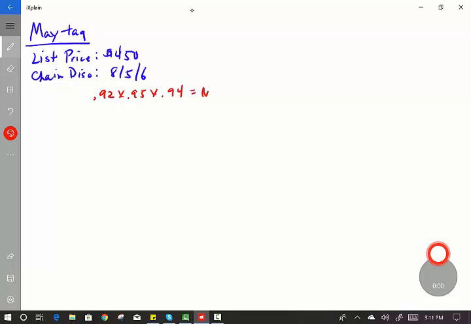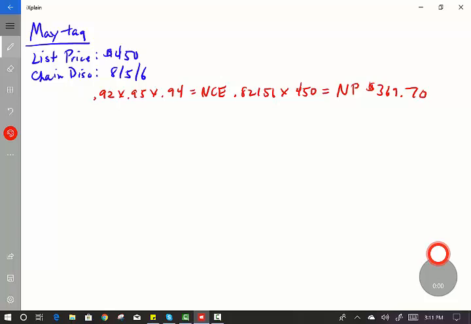That equals the net cost equivalent of 0.82156. I'm going to multiply that times $450, the list price, and then that will equal the net price, NP for net price, of $369.70.